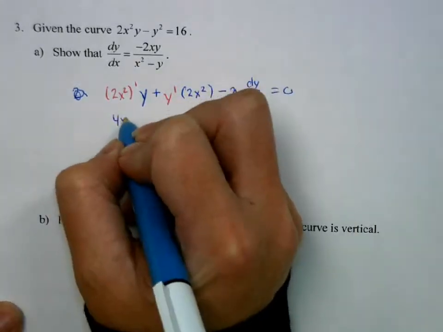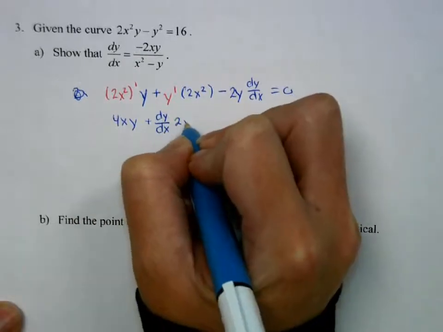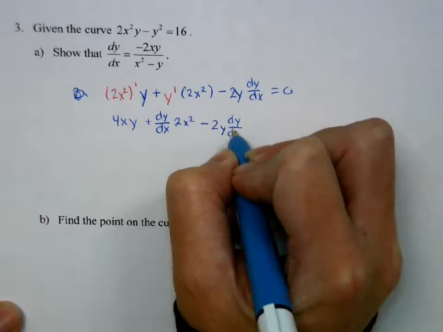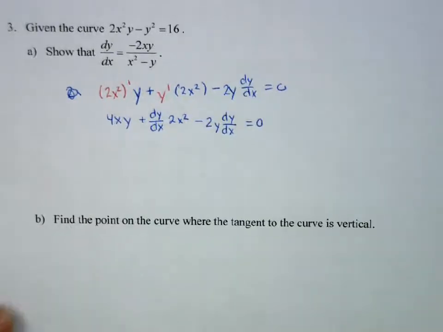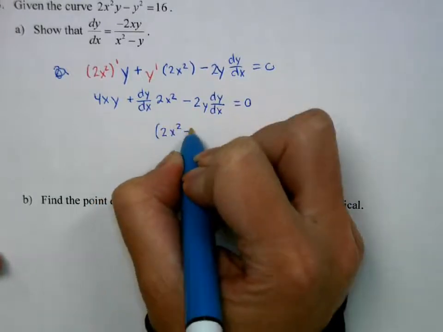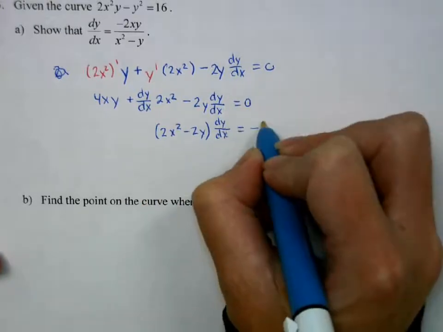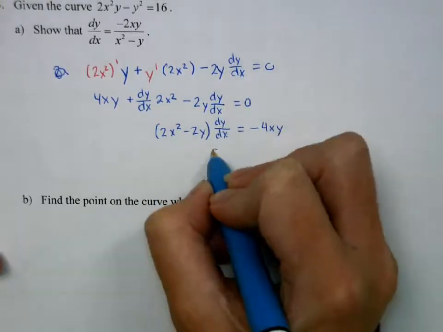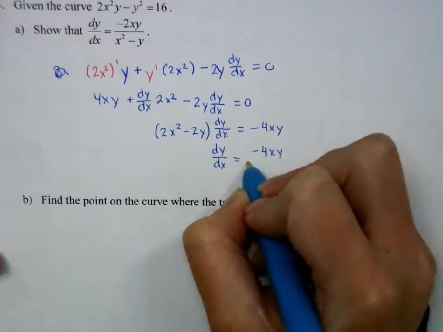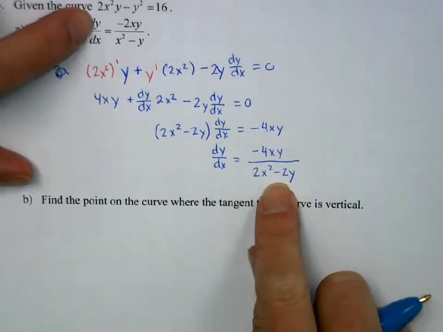So 4xy plus dy dx times 2x squared minus 2y dy dx equals 0. I'm going to move the 4xy over and factor here. So (2x squared minus 2y) dy dx equals negative 4xy. So dy dx equals negative 4xy over 2x squared minus 2y, which is close to this but not quite.